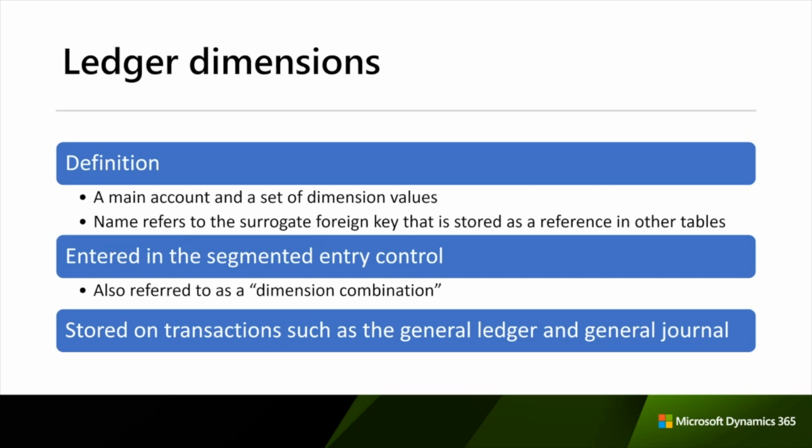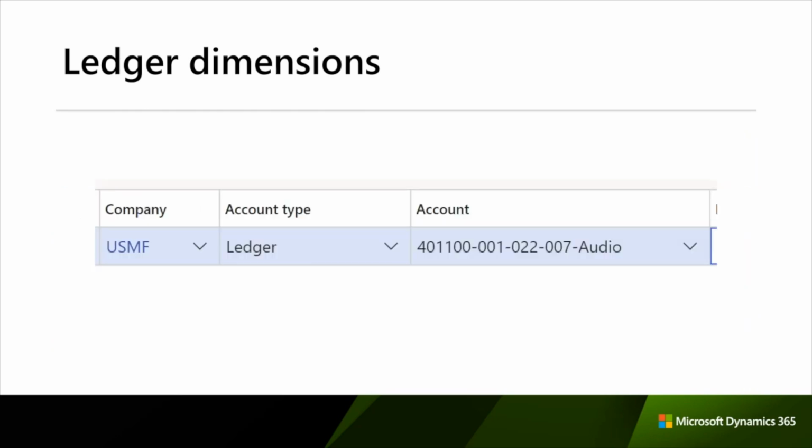These are typically stored on transactions, such as in the general ledger and the general journal for ledger account types. And this is a picture of the segmented entry control on a general journal, so it's a main account and the set of dimensions, like I mentioned.